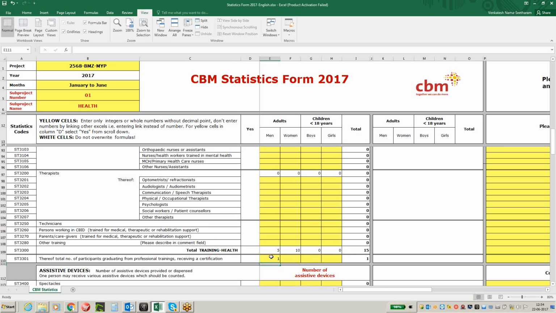Until he receives a certification, he'll be counted on the top. Once he receives the certification, he'll be counted here as well as on the top, so that we know out of 5 only 1 person has got the professional training and received a certification. If the training is running for various months or various years, then the person who gets the certification will count in the month or year he has got the training. But every year they have to report when they are receiving a certification.